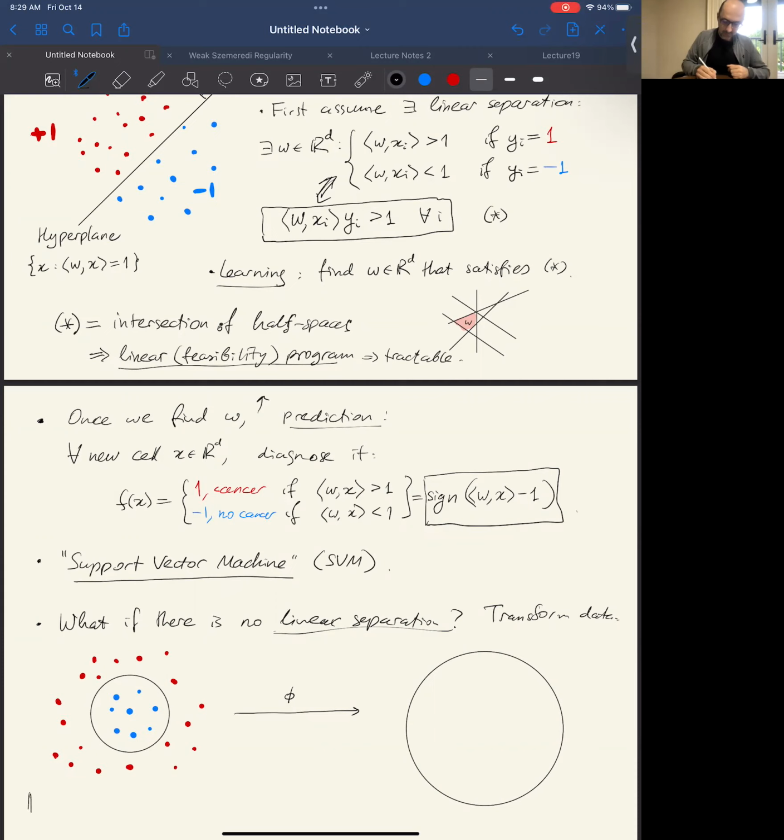So from R^d, dimension d, to dimension d+1, put it on the sphere of dimension one higher, and then hopefully these points will land like that on the sphere, and then we can separate them using a linear method, just like this.